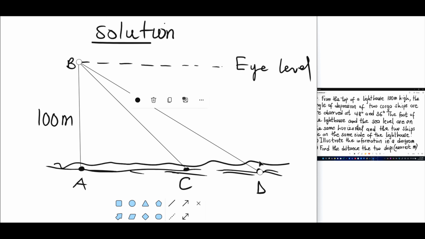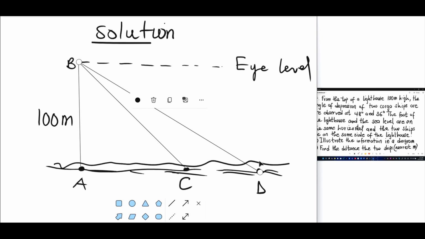Then the bigger one, that is the angle between the initial eye level and that of the new eye level, the new eye level that is now observing the cargo at point C, is 48 degrees. So when you consider this particular shape, we are going to get this angle also to be 48 degrees.